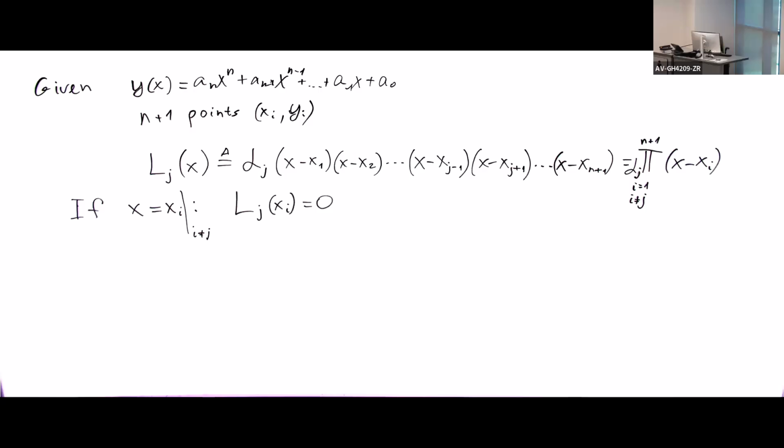Okay? Now, if x equals xj, now i equals j, what will be that L_j(xj)? 1? No. Only 1? Why should it be 1? It will be alpha j times the product of all the things.